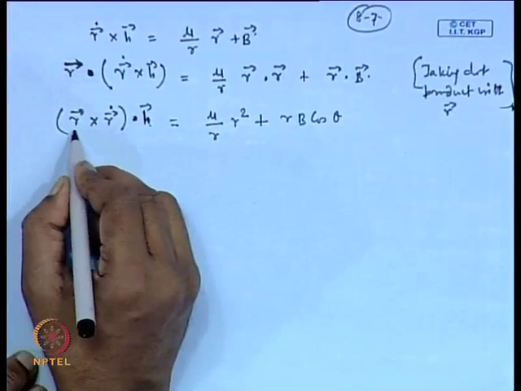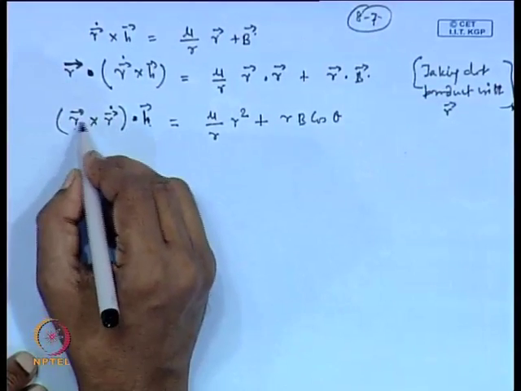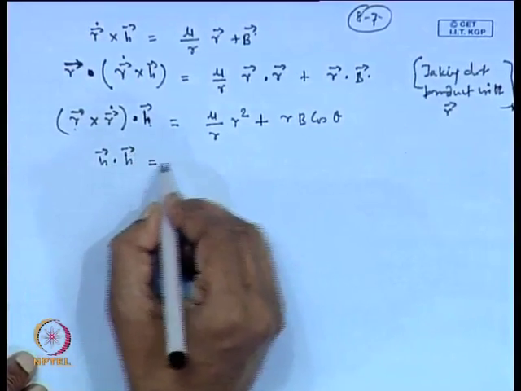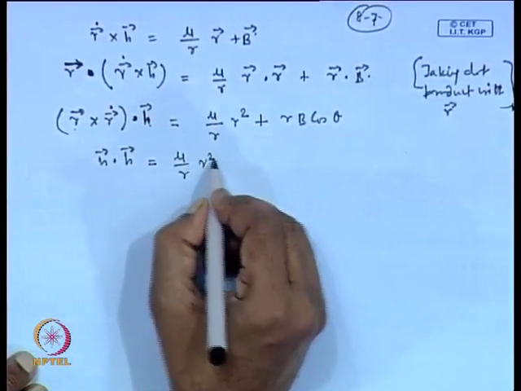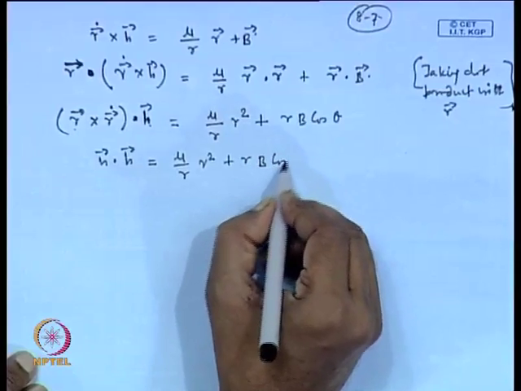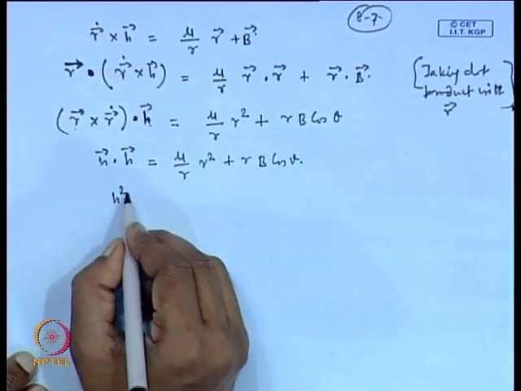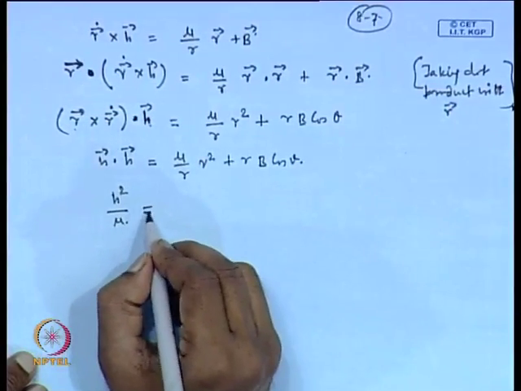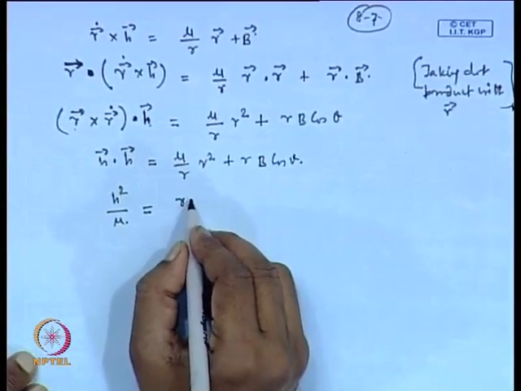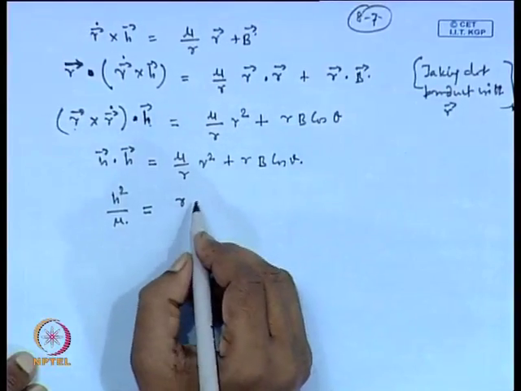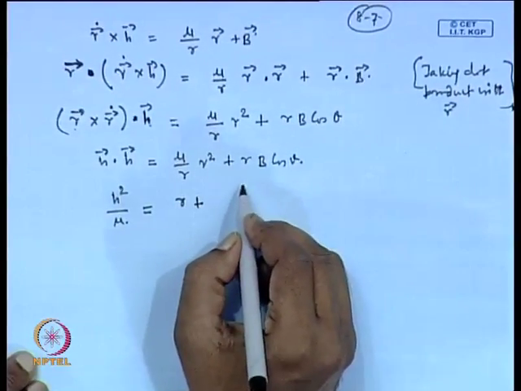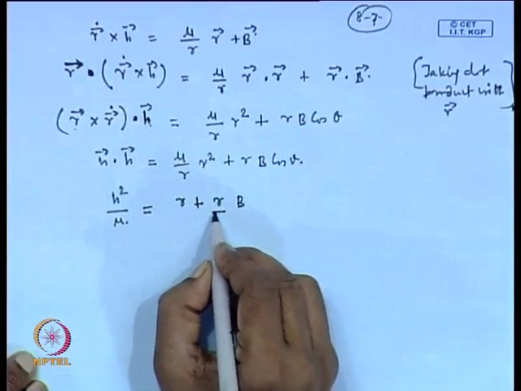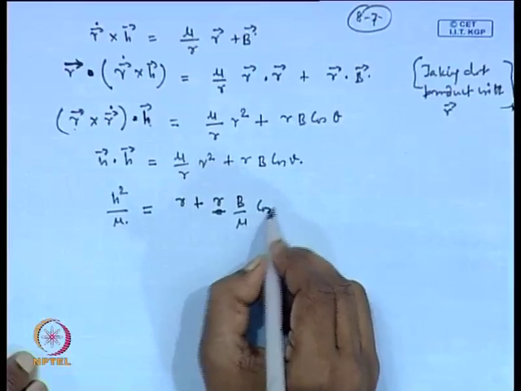What we get from here is r times r cross r dot, which is nothing but h. So, h square is equal to mu r plus r b cos theta. Let us divide the whole thing by mu. So, h square by mu becomes r plus r b by mu cos theta.